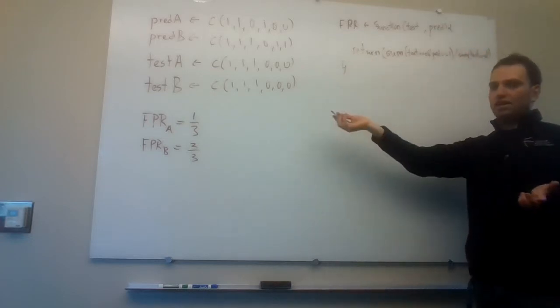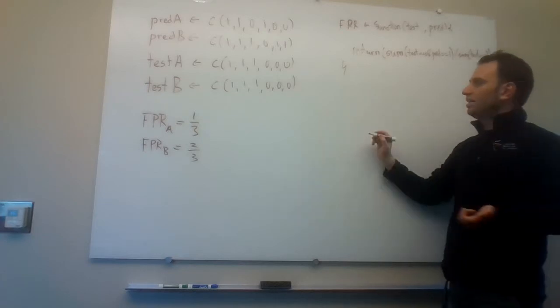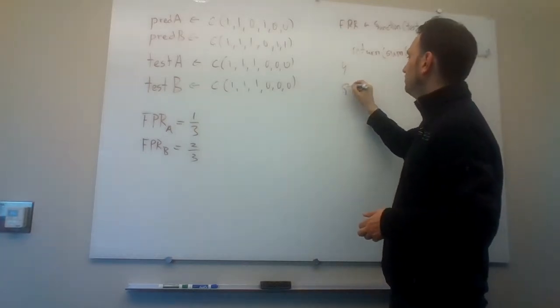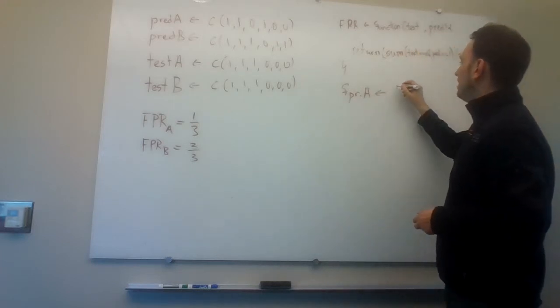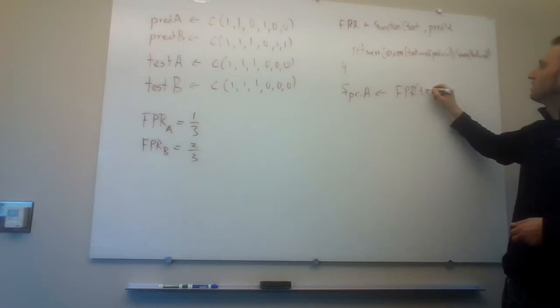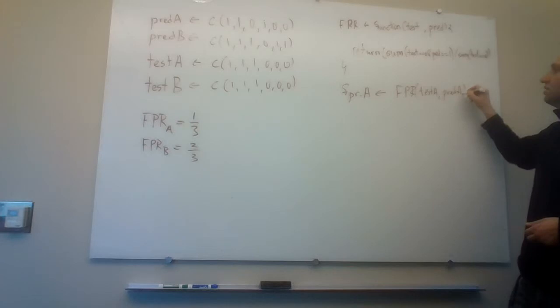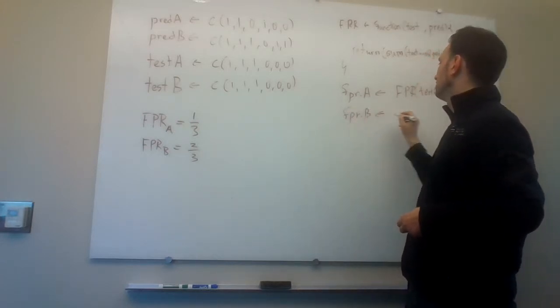So now I am ready to compute the false positive rate for A and the false positive rate for B. That's going to be useful. So I'll say fpr.a is fpr of test A and pred A, and fprb similarly is going to be like that.